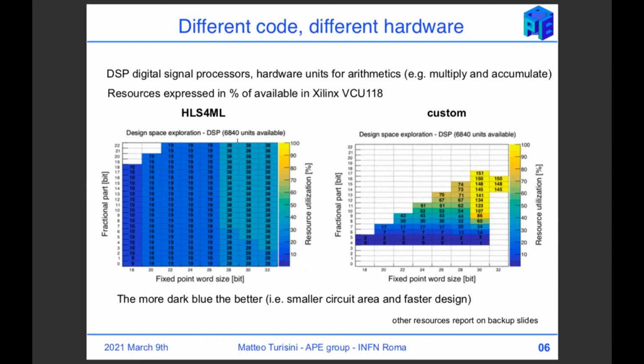And for few fractional digits, it is a very lightweight implementation. So different from before, here bluer is better. It means a faster circuit and a faster design. And of course, on the right, you can see a yellow region, which means that you are using too many resources, and this design cannot fit over the target FPGA device.